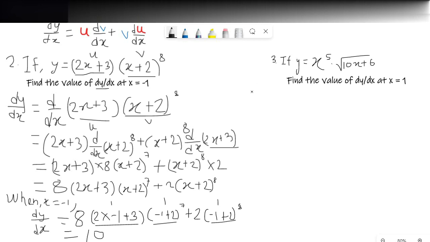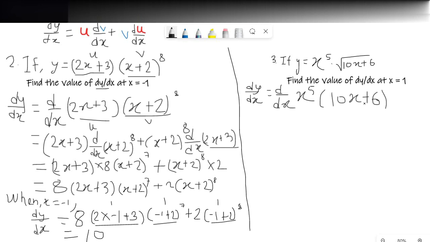So that's the answer. So for number 3, the last method, we have d/dx of x to the power 5 multiplied with (10x plus 6) whole to the power half, writing it in its index form so that the product rule application can be easier.